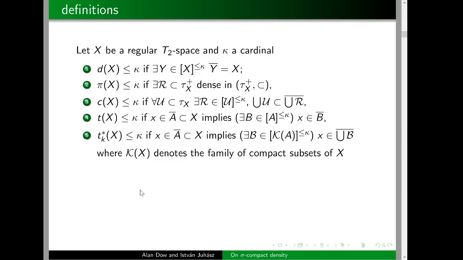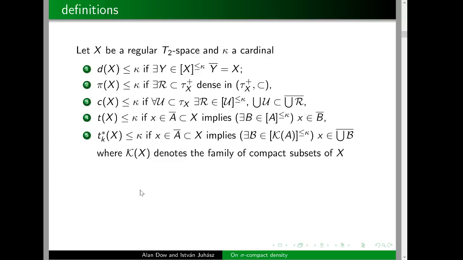The kappa star tightness: if x is in the closure of a set A, then you can find at most kappa many compact subsets of A, and x is in the closure of the union of those compact sets.